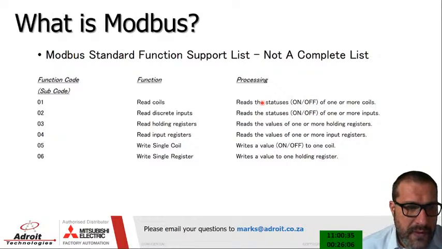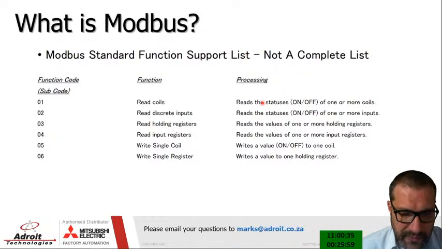Subcode 2 is read discrete inputs. Discrete inputs are inputs that come from the field, so any switch, any button, any proxy, for example, will come through as a discrete input. It's also only a read status.